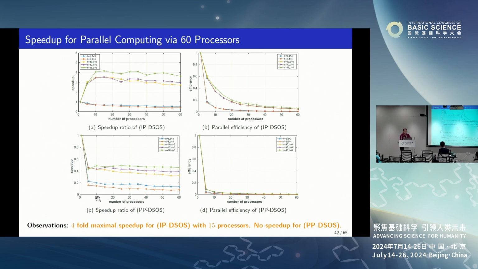So again, it depends. Even if we use more than 15 processors, it doesn't mean that all these processors can contribute to the speedup. So 15 is already the optimal for IP, but PP unfortunately has no speedup.